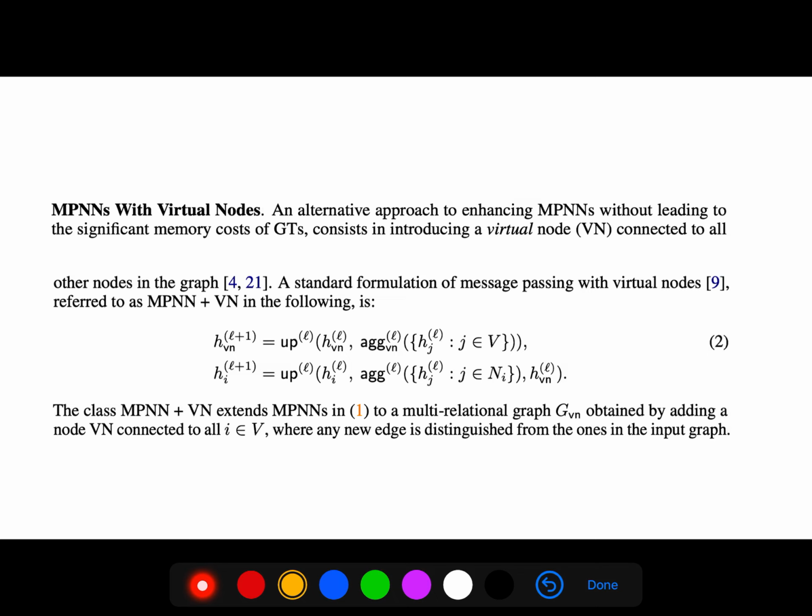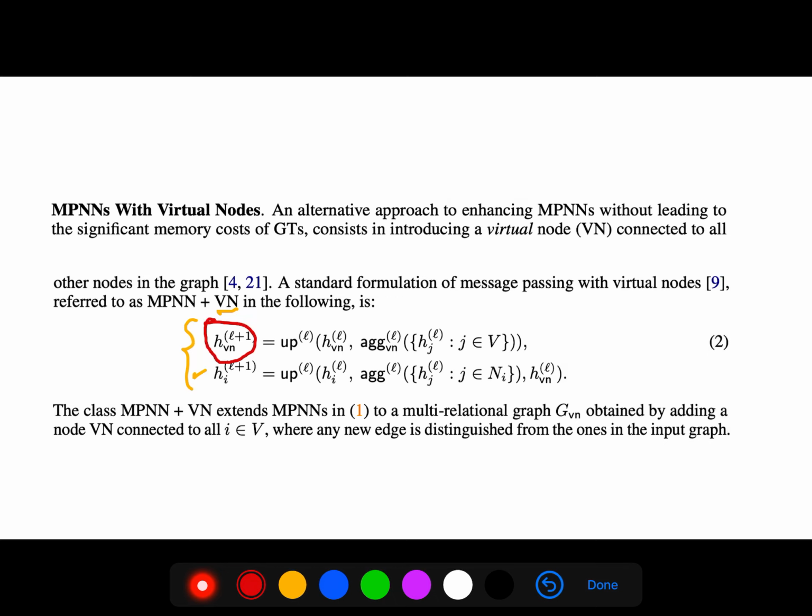A standard formulation of message passing with virtual nodes, referred to as message passing neural network plus virtual node. So this is the update. So not only do you have this traditional approach, but also you have this virtual node update, some additional nodes. We call them virtual nodes.